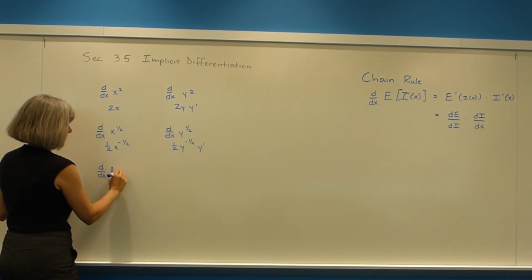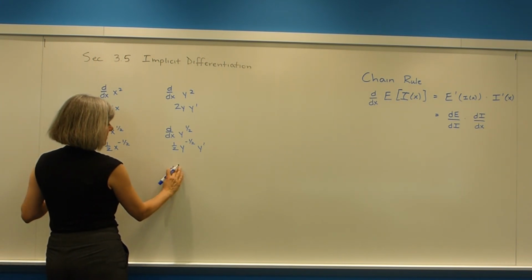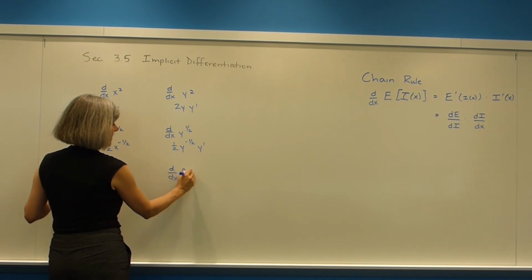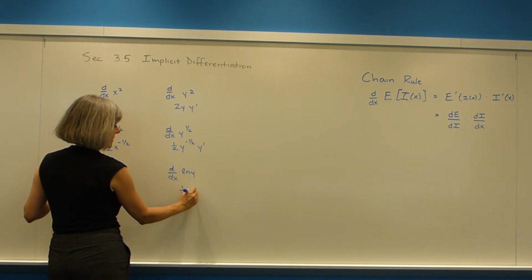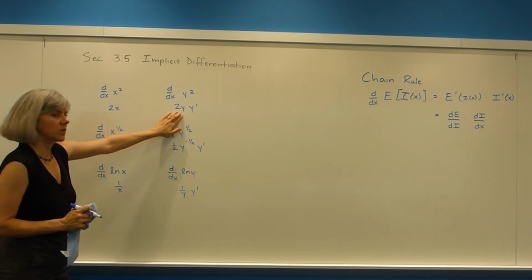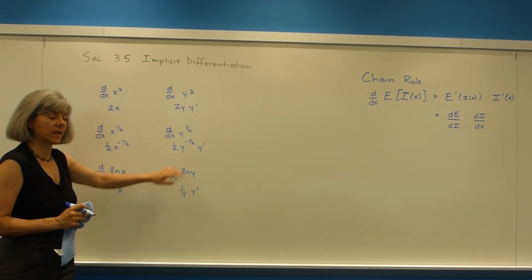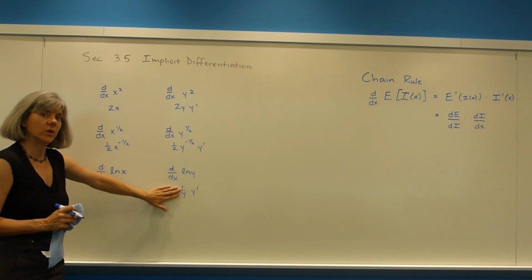Ln x, 1 over x. d dx ln y, 1 over y times y prime. So 2x, 2y. 1/2 x to the minus 1/2, 1/2 y to the minus 1/2. 1 over x, 1 over y.